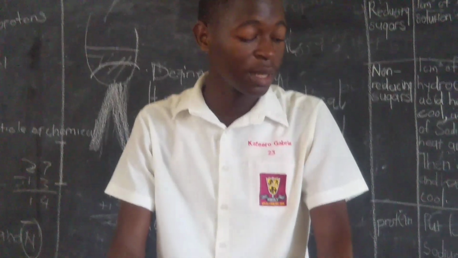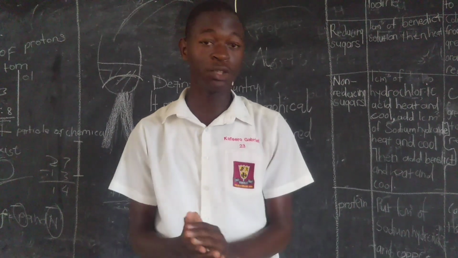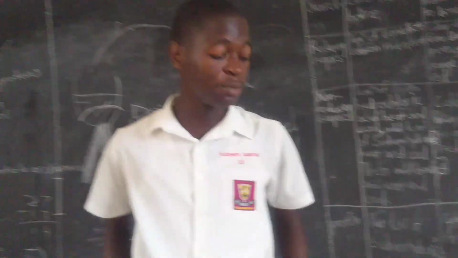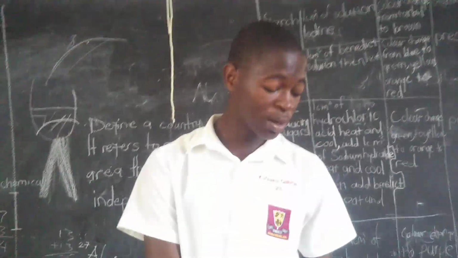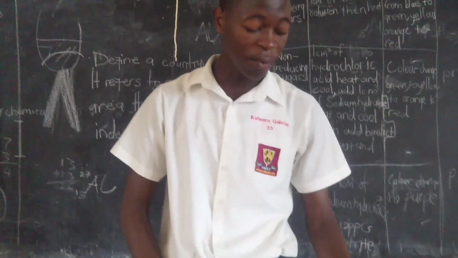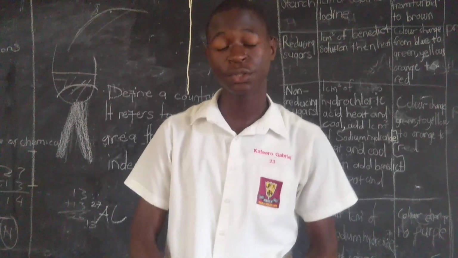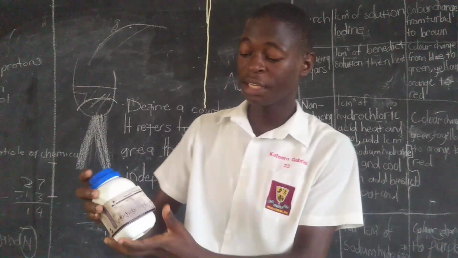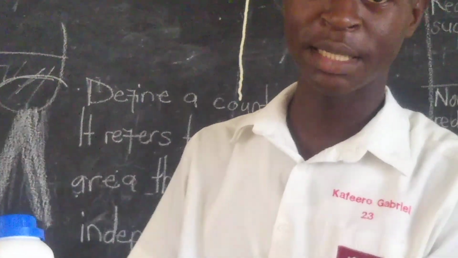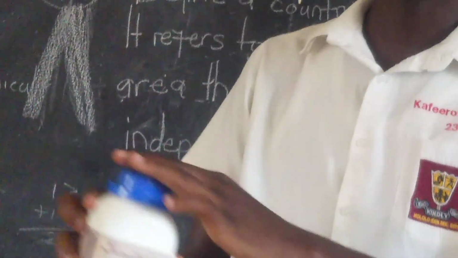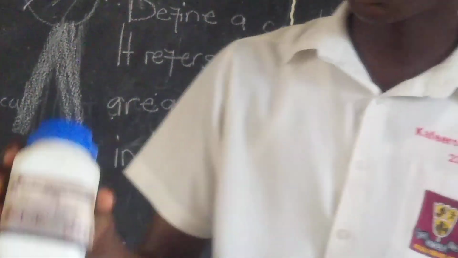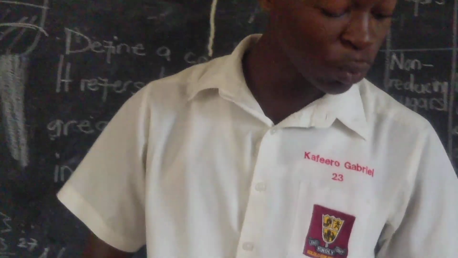Our first step is to look at what we need. What am I going to need in this practical today? Here is my book, and as I read from number one, I need a few crystals of potassium permanganate, which we have in the blue container. They are advising me to get a few of them as we carry out this experiment. Number two, we need water.